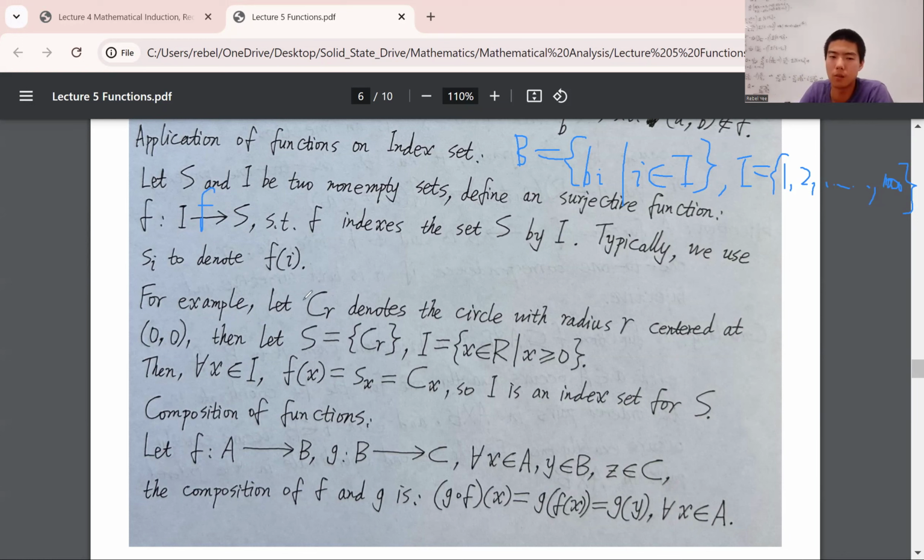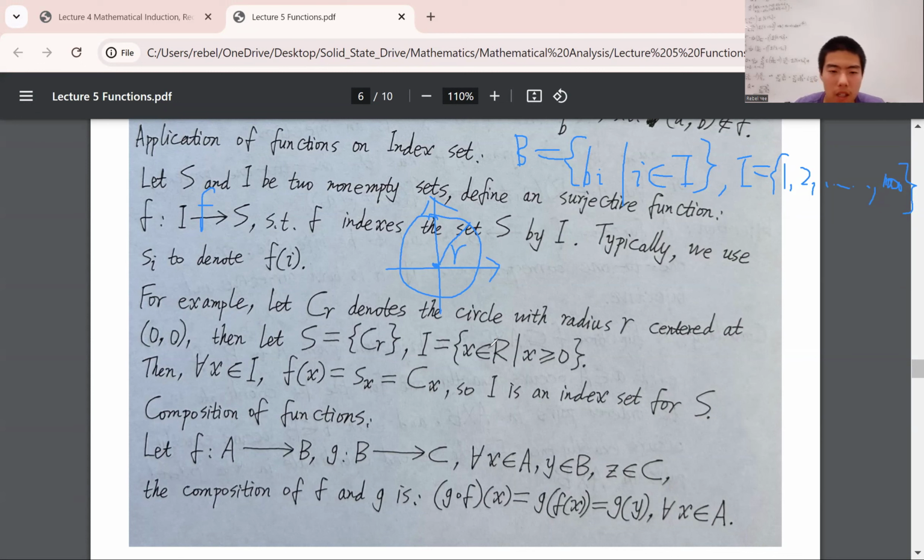So what does it mean? Let's see one example. C_R denotes a circle with radius R centered at (0, 0). So this is centered at (0, 0), and the radius here is R, the distance is R. So this is what the example shows. And let set S be all of the circles in this way, and I is equal to the set of x in the real numbers that are non-negative.